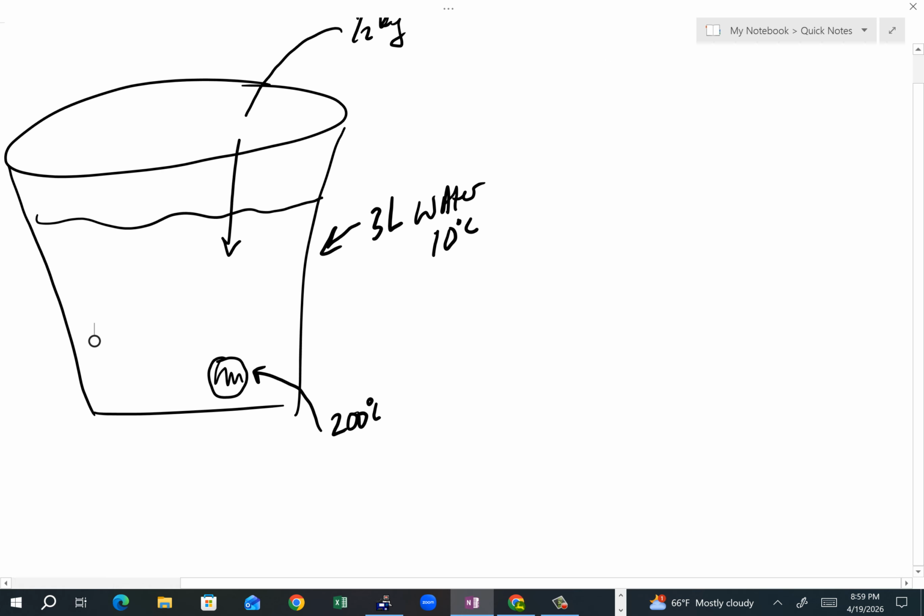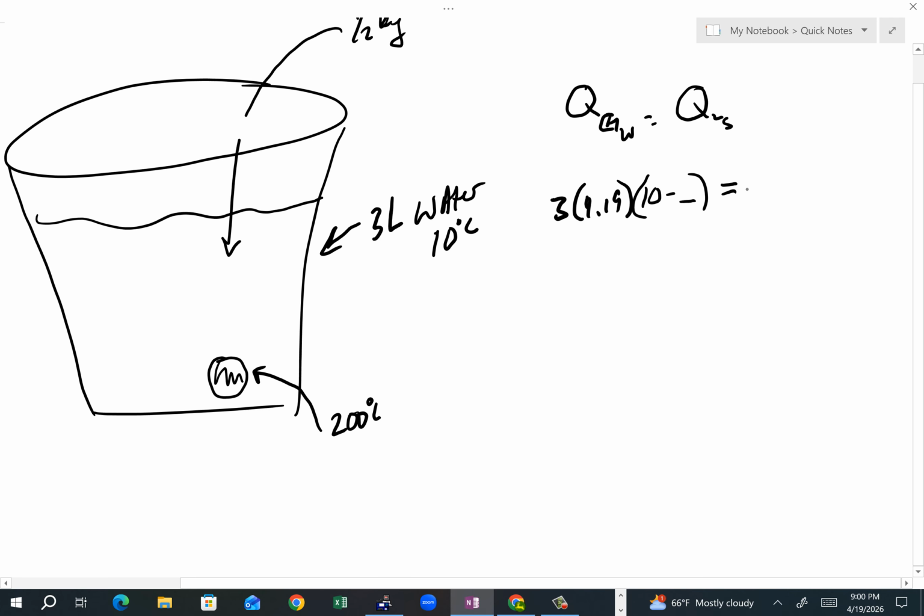I don't know, but here's what I do know. The amount of energy gained by the water is equal to the amount of energy lost by the steel, yes? So M times C times delta T. Now you're like, Groom, what was it? Well, it's 10 minus the final, yes?